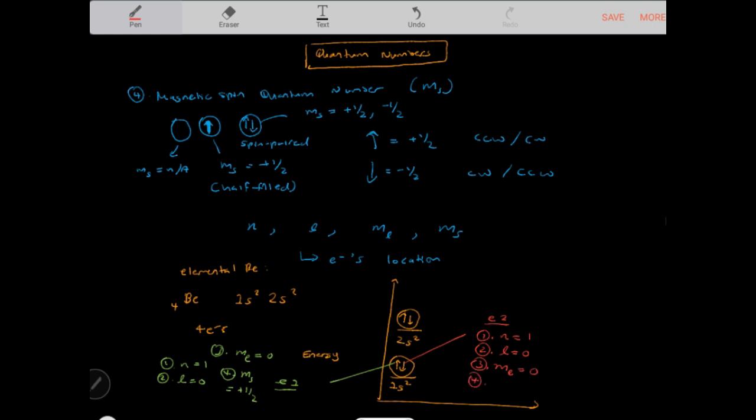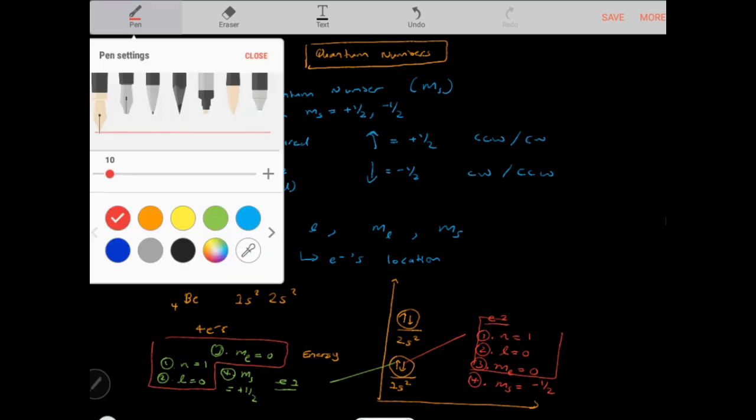And the fourth quantum number, you can notice here that this is an upward arrow, this is a downward arrow. They have 2 different spin. ms is equal to negative 1/2. So although the first 3 quantum numbers here are the same as that, the fourth quantum number is different, right?